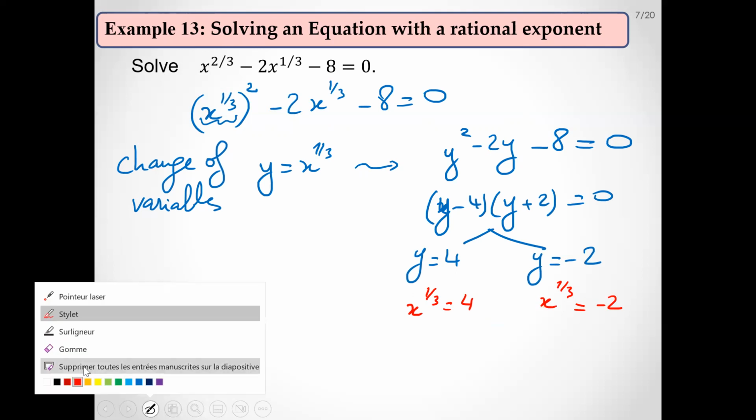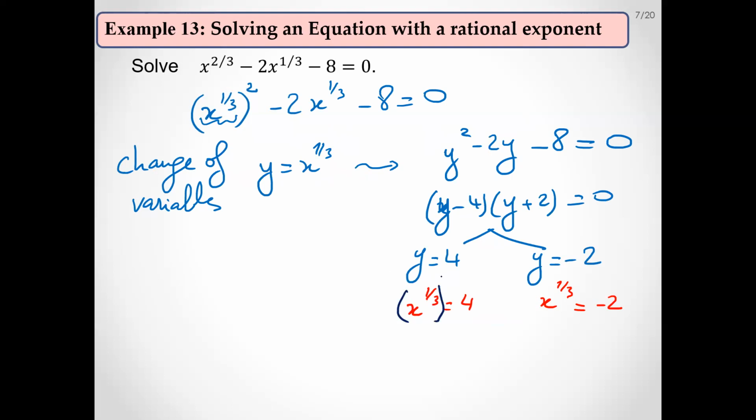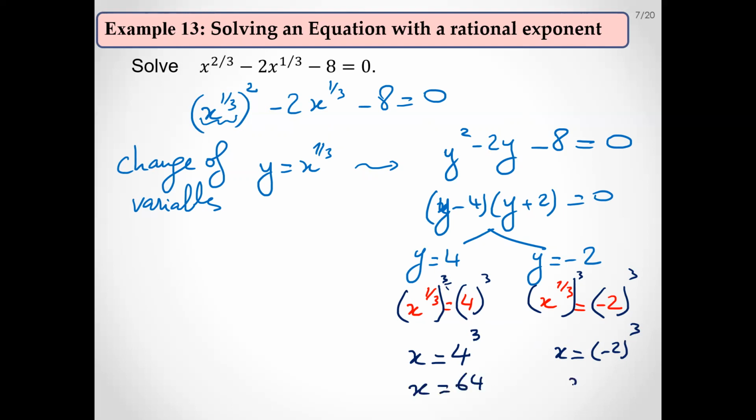So a rational exponent again, but easier. Here we take the cube on both sides to remove the cube root. The denominator is 1, it's odd, so no need here for absolute value. So x is 4 cubed or x is minus 2 cubed. Then this is 64 and this is minus 8. This is my solution set.